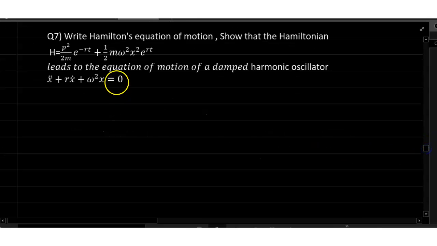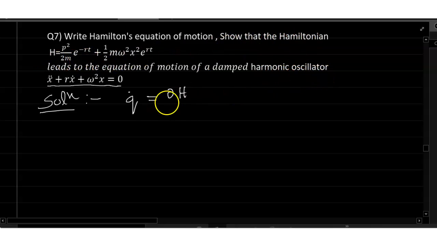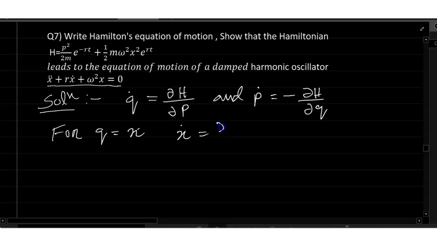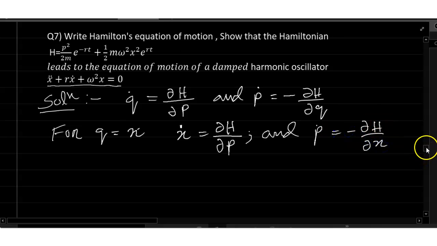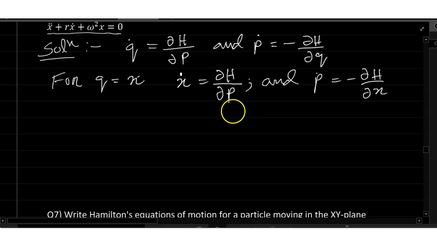So friends, write Hamilton's equations of motion and show that the Hamiltonian is that of a damped harmonic oscillator. According to the canonical equations, p dot is equal to minus del h by del x, and x dot is equal to del h by del p. How can I get it, friends? By canonical form.